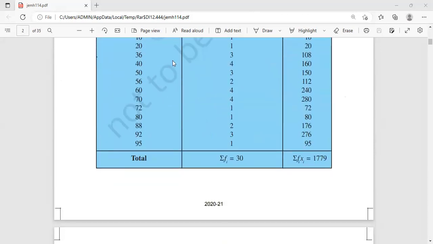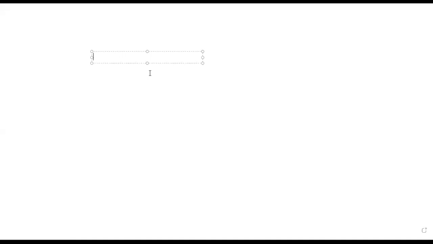Generally, there are three methods to calculate the mean.